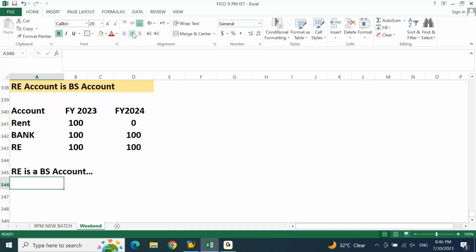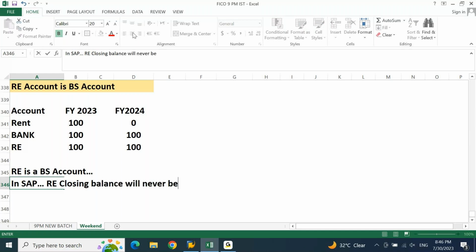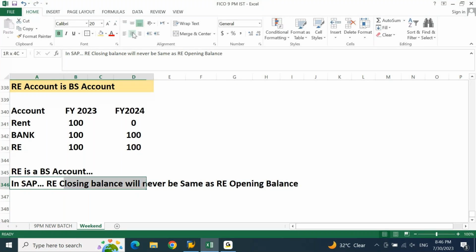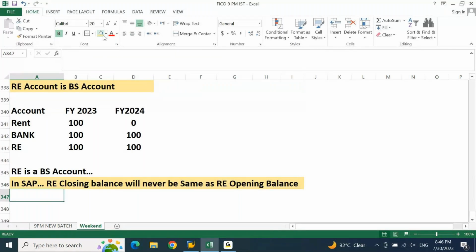Remember, in SAP, RE closing balance will never be the same as RE opening balance. When I pass this statement, is this 100 or not 100? It should be 0?